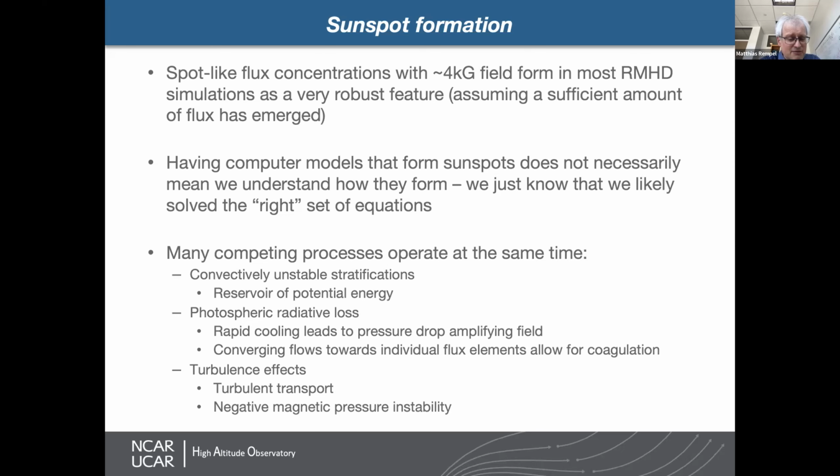And the big problem here is that we have many processes which roughly happen on similar time scales. You have convective instability due to the superadiabatic stratification. You have radiative loss effects. You have the rapid cooling, which leads to pressure drop, but you also then drive flows around magnetic elements which are converging towards these elements, which means different elements actually attract each other. And then you have turbulence effects.